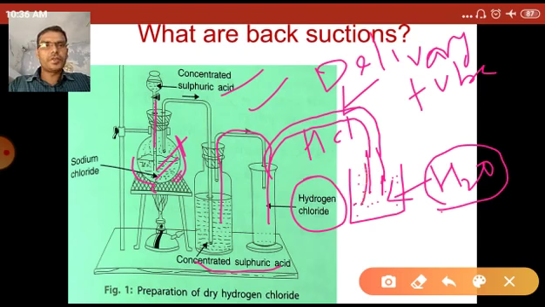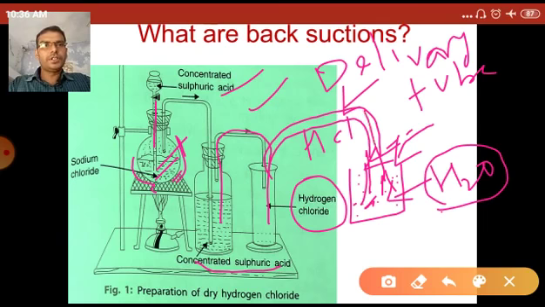So during that situation, a vacuum or low pressure is created in the delivery tubes. Due to the low pressure in the delivery tubes, the air pressure which acts on the water from the outside pushes the water.